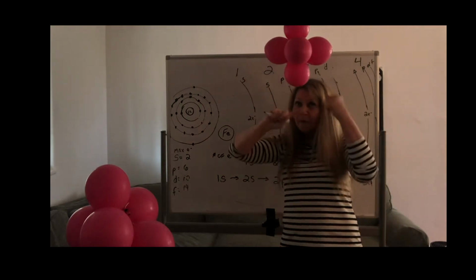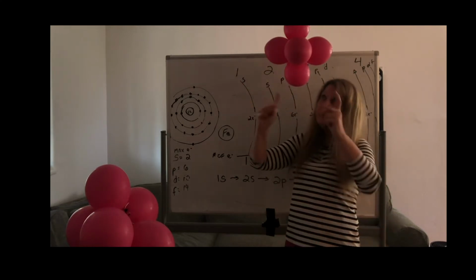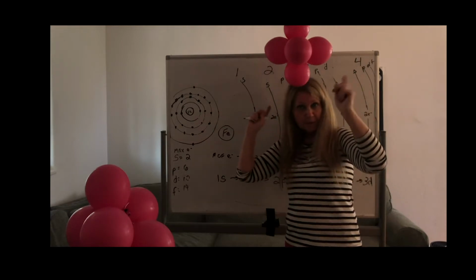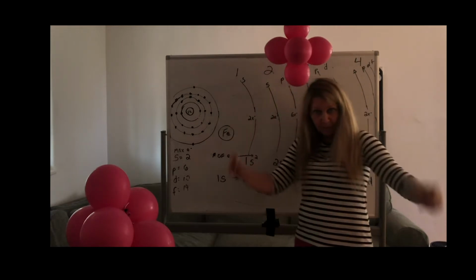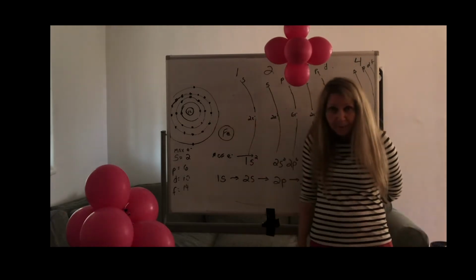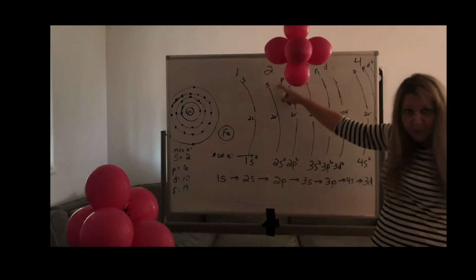Think of them going all different directions, right? Vertically, horizontally, and diagonally, because atoms are 3-dimensional. So that's the 2nd sublevel of energy level number 2.